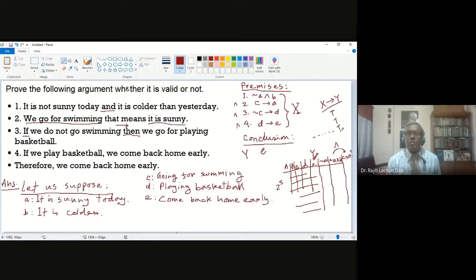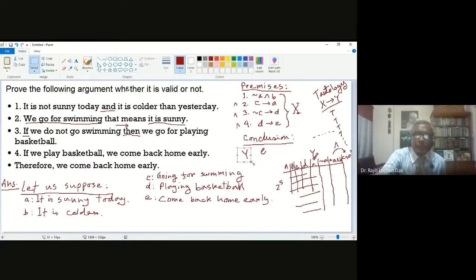If you have all true, all 32 T, then you can say this is a tautology, so the argument is valid. If you do not find all T, then it is not a tautology, so the argument is not valid. Is that clear? This is the truth table method. Is that okay? Do you understand?